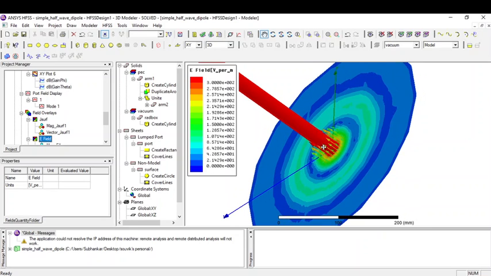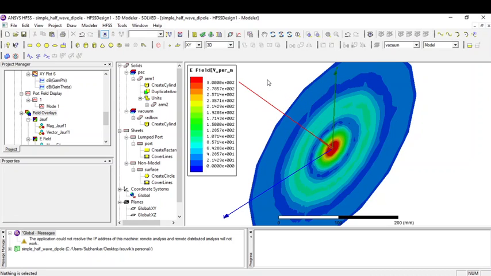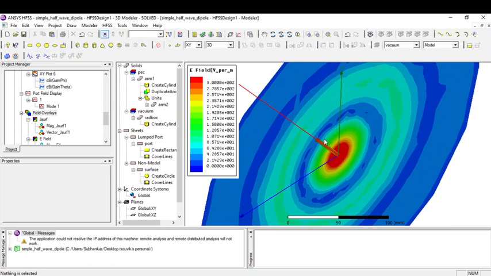As you can see, the electric field comes from one end and goes towards the other end.